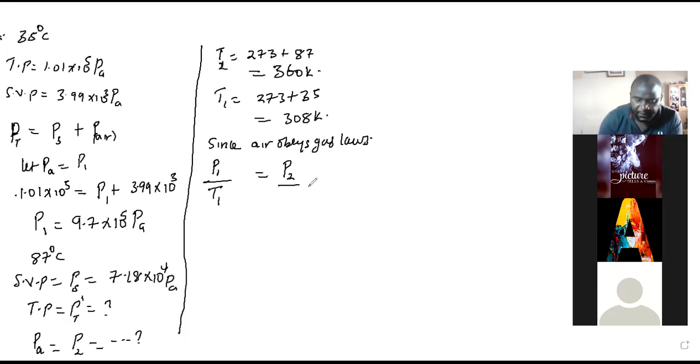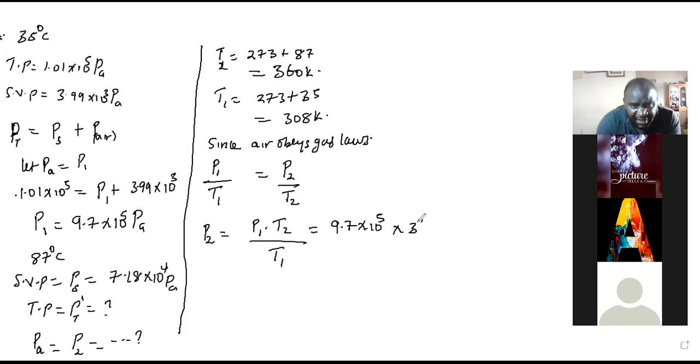So we are looking for the pressure of the air in the second case, that is P2. Therefore, P2 is equal to P1 times T2 divided by T1. When you substitute, P1 was 9.7 times 10 to the power 4, times the temperature T2, which is 360, divided by the initial temperature, which was 308. Can you press the calculator and get the answer?